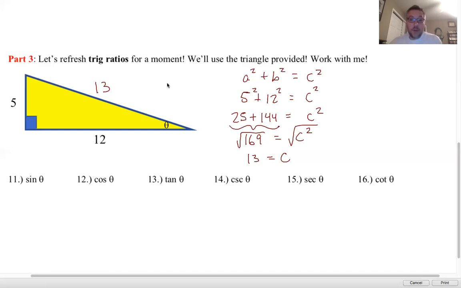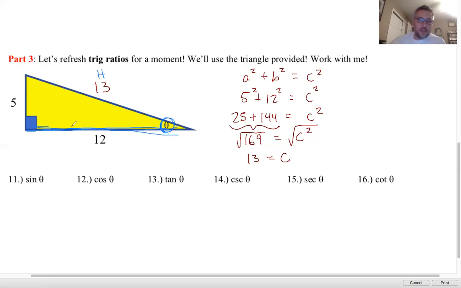Okay, where do we go from here? Well, in the picture, we know this is the right angle here, but this is theta. Theta means an unknown angle. That's our reference angle. So we know that this is the hypotenuse. Like I told you on the last assignment, the adjacent always connects this theta to the right angle.